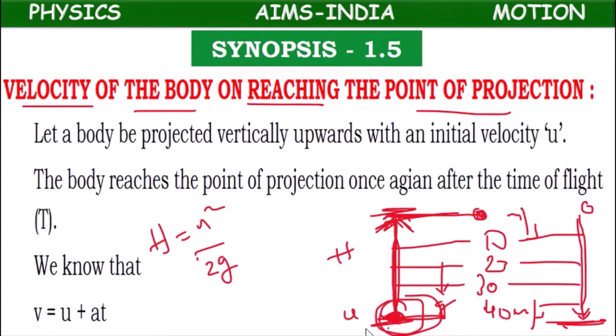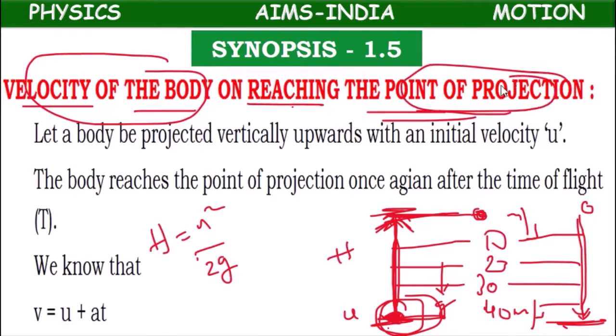Now the question is, velocity of the body on reaching the point of projection, how much? On reaching the same point again, after going up and coming down, what is the velocity that we have to calculate. So let's assume, children, let a body be projected vertically upwards with an initial velocity u.